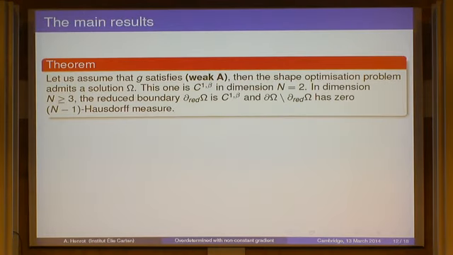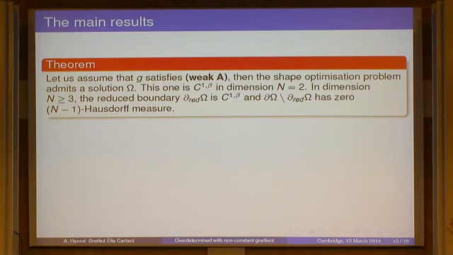Okay, so let me give the main result of this work. If you assume that J satisfies the weak assumption which shows just coercivity of J, I mean J goes to plus infinity at plus infinity, then I can prove that the shape optimization problem which is below has a solution, and I can prove regularity, which is the classical regularity in that kind of problem, namely in 2 dimensions I have full regularity, C1 beta.